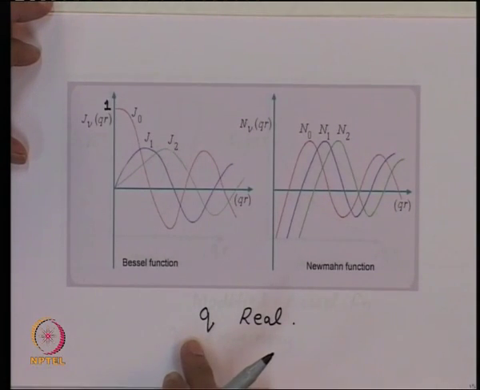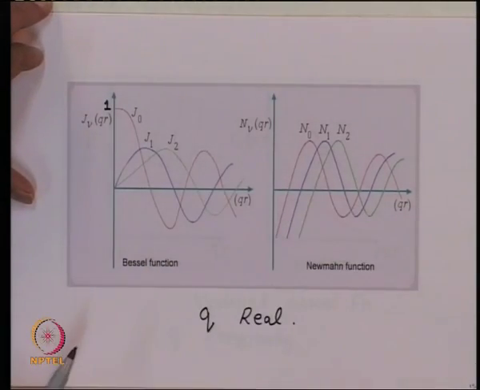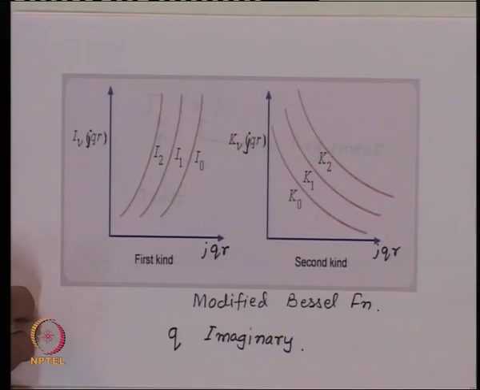So inside the core, q has to be real, and the solution should be the normal Bessel function and the Neumann function. Whereas if I go inside the cladding, we know that fields have to be monotonically varying. So it has to have a function combination of which is like this.